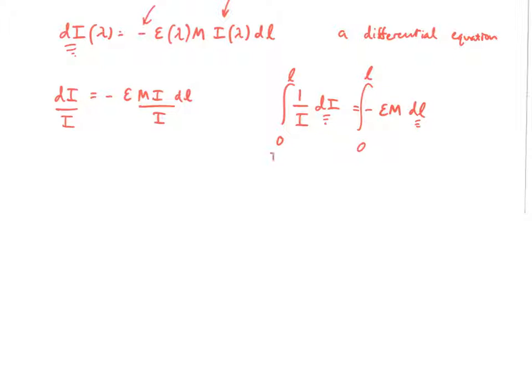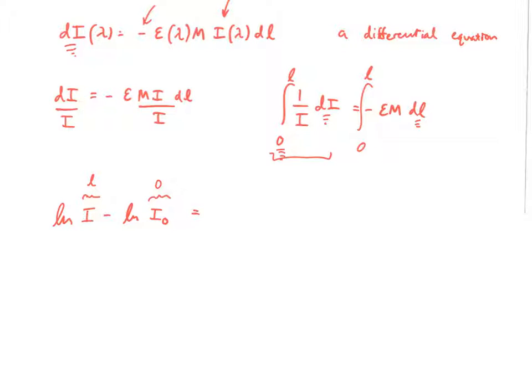And the integral of this side is going to be equal to log I minus log I0, because this represents the intensity of light that is at position 0, and this represents the intensity of light that is coming out at L.